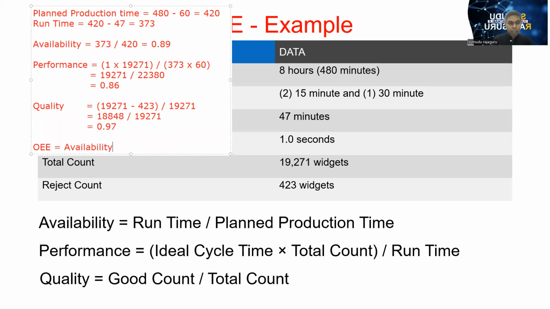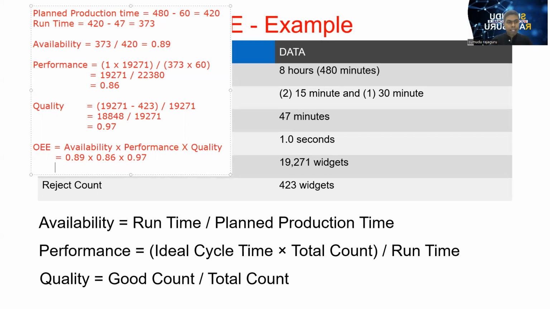So what is the answer? Availability is 0.89 multiplied by performance 0.86, quality 0.97.